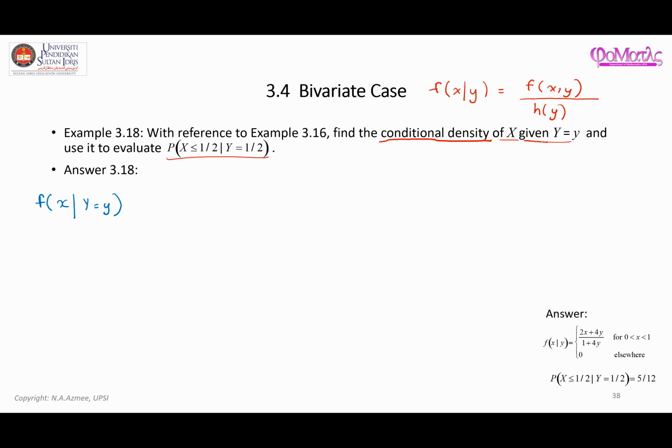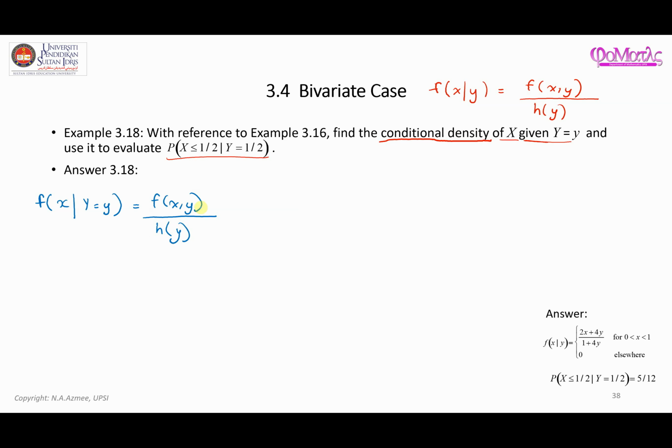We know that this is related to finding f(x,y), and then we're going to supply the marginal density when y is equal to this value right here. So we're just going to supply the marginal density for h(y).